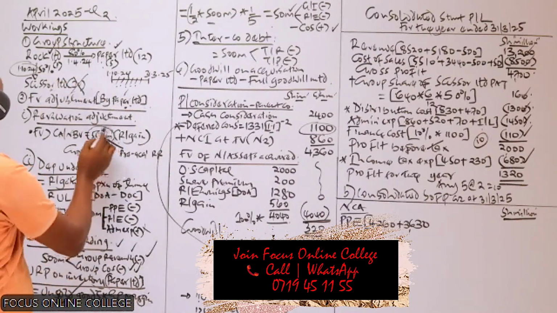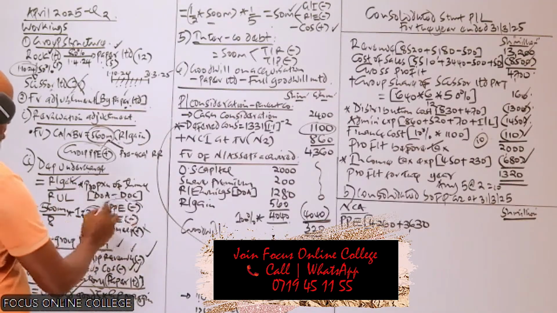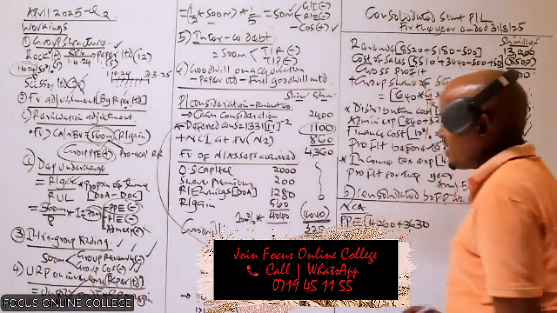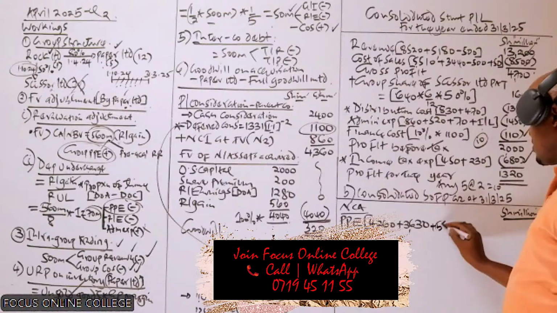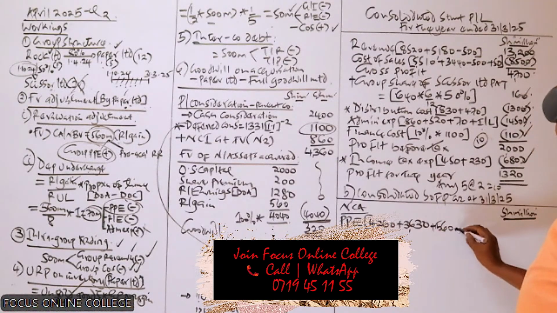So this 560 will be added to the group PPE, and then this depreciation other charge of 70 will be deducted from the PPE. Two adjustments here: we add the revaluation gain of 560, we less the depreciation other charge of 70.